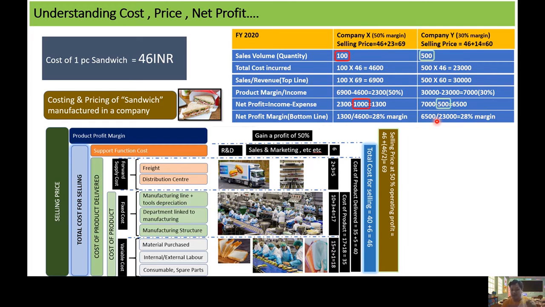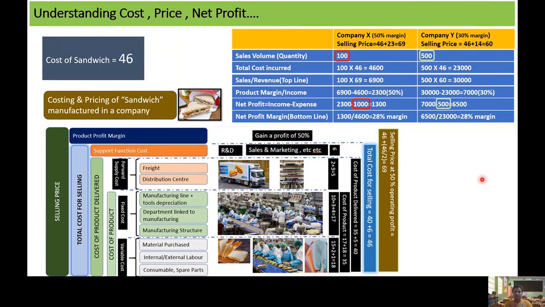This is only because company Y was capable of creating more sales volume, or they were able to sell more quantities of sandwiches, and at the same time they were able to reduce the expenses of the company, and therefore the net profit margin for company X and company Y is the same, which is 28%.